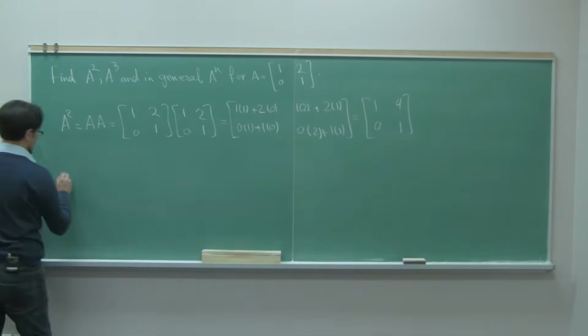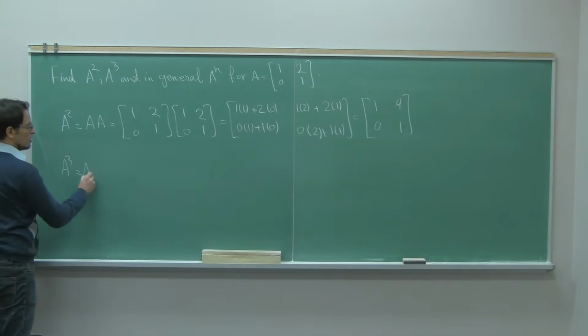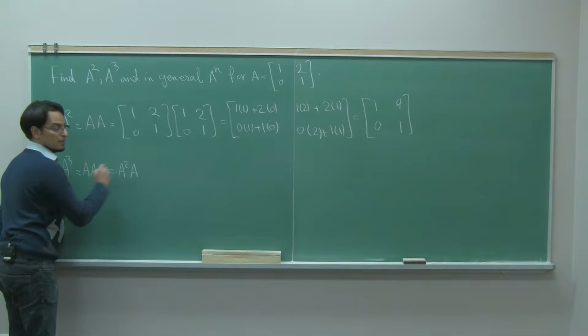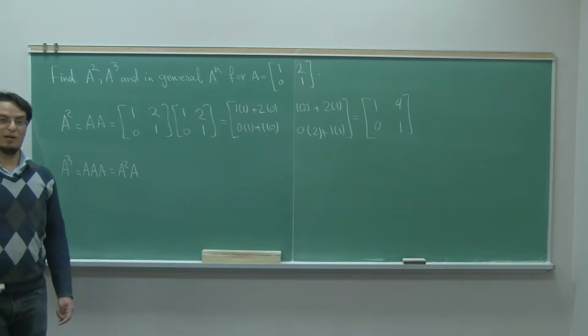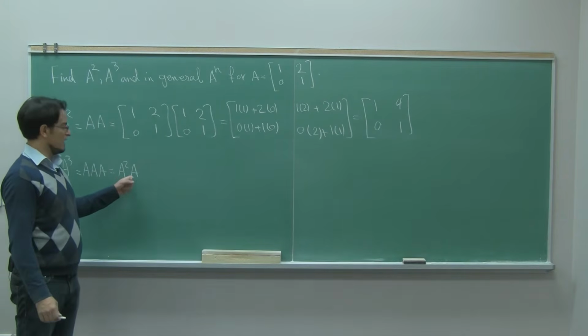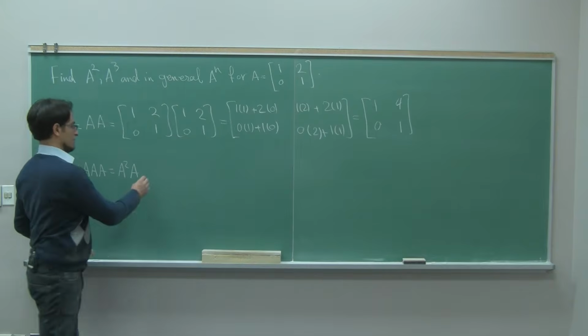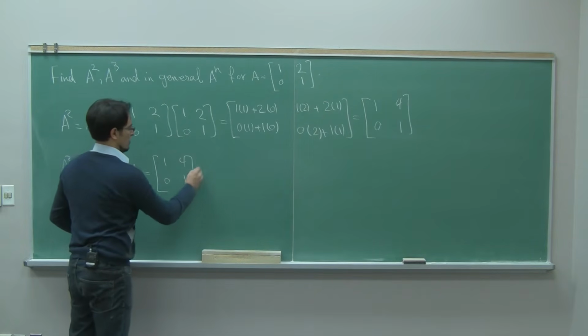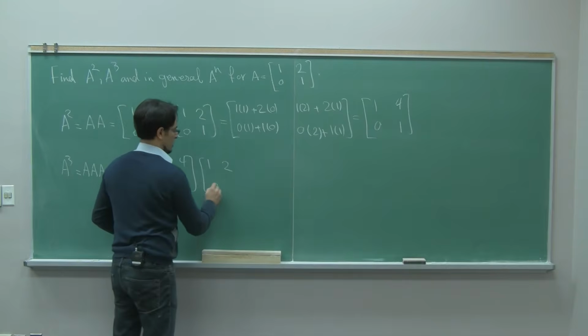That's good. A³ is multiplying A three times by itself, but we already found A², so I can multiply A² by A and I get A³. So I have [1, 4; 0, 1] multiplied by [1, 2; 0, 1].